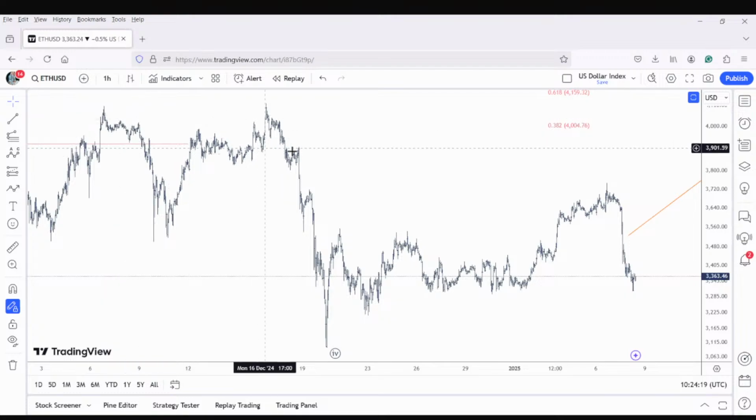Unless and until this impulse was a part of the expanded flat here, it's fine. And that's why I'm saying let's give it the benefit of the doubt for the last wave to turn as a diagonal and still prices would go up. But bottom line is 3100.